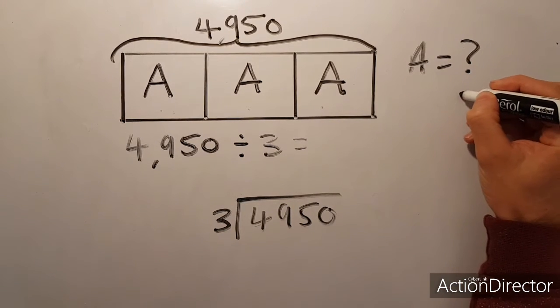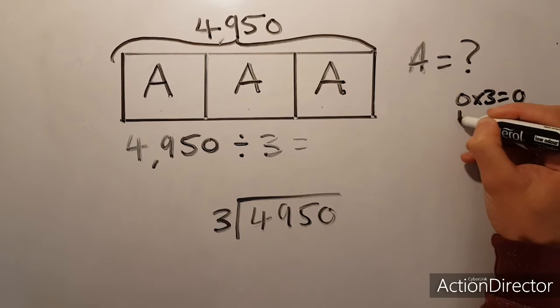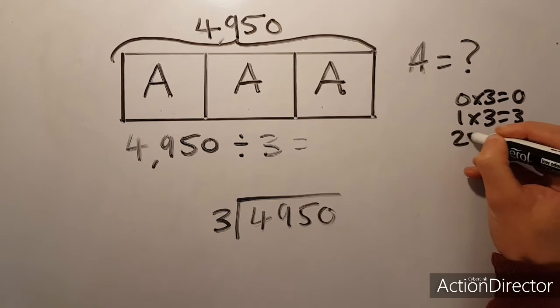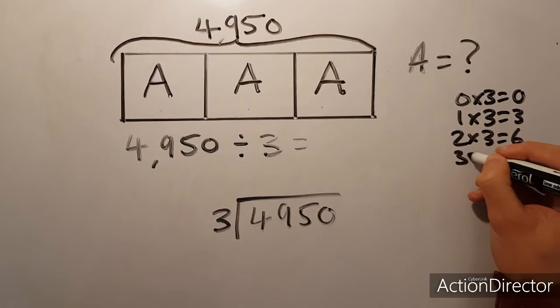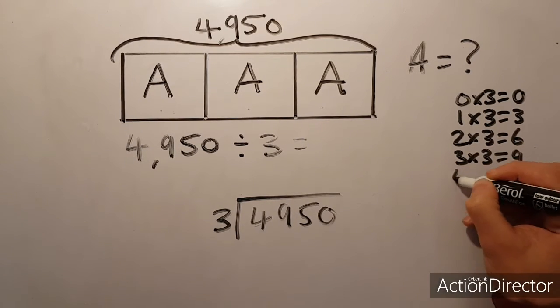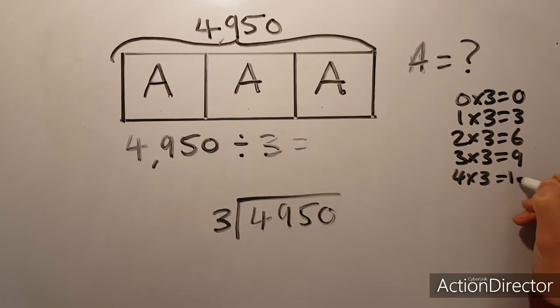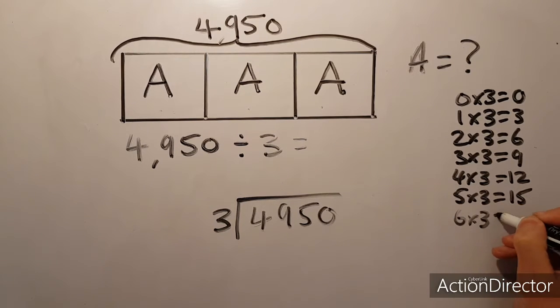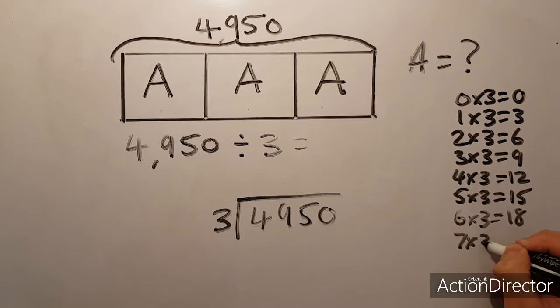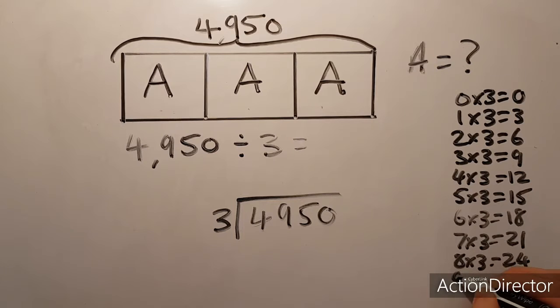So I'm going to do that now. 0 times 3 is 0, 1 times 3 is 3, 2 times 3 gives me 6, 3 times 3 is 9, 4 times 3 is 12, 5 times 3 gives me 15, 6 times 3 gives me 18, 7 times 3 gives me 21, 8 times 3 gives me 24, 9 times 3 gives me 27, and 10 times 3 gives me 30. So just spending a little bit of time on this will help you a lot with your division.